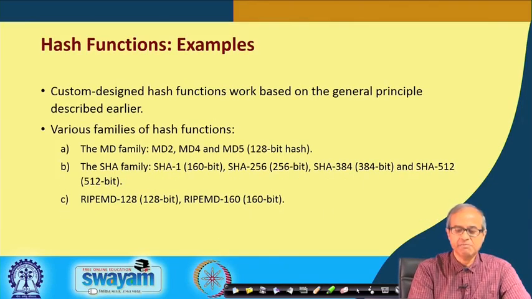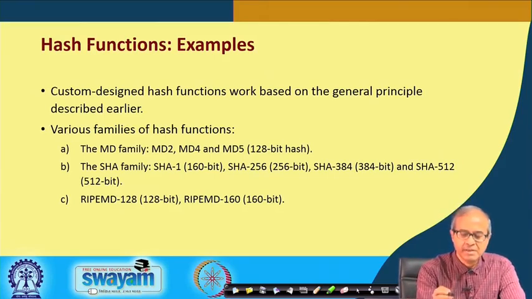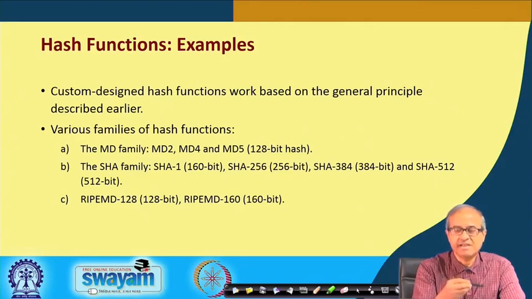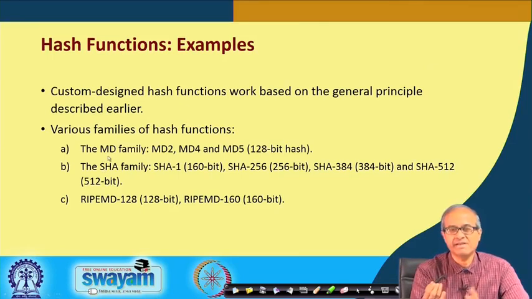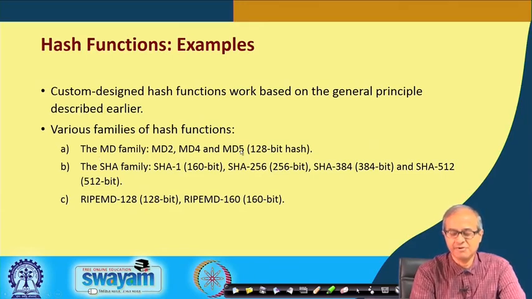So, some examples of hash functions. There are many types and classes of hash functions that have been proposed and many of them have been used. They all satisfy the desirable properties I have mentioned, and broadly speaking they can be classified into some families. First is the MD family, MD2, MD4, MD5, which generates a 128-bit hash.